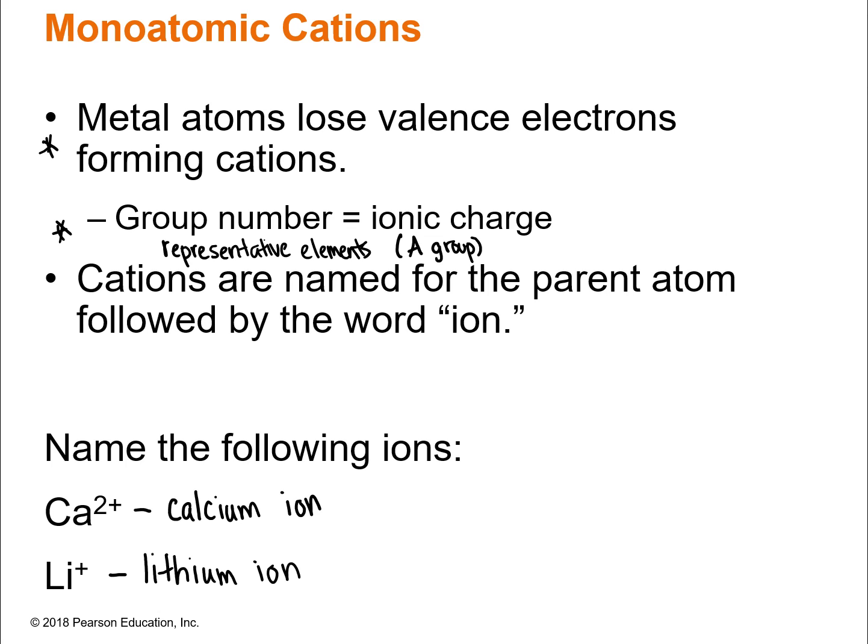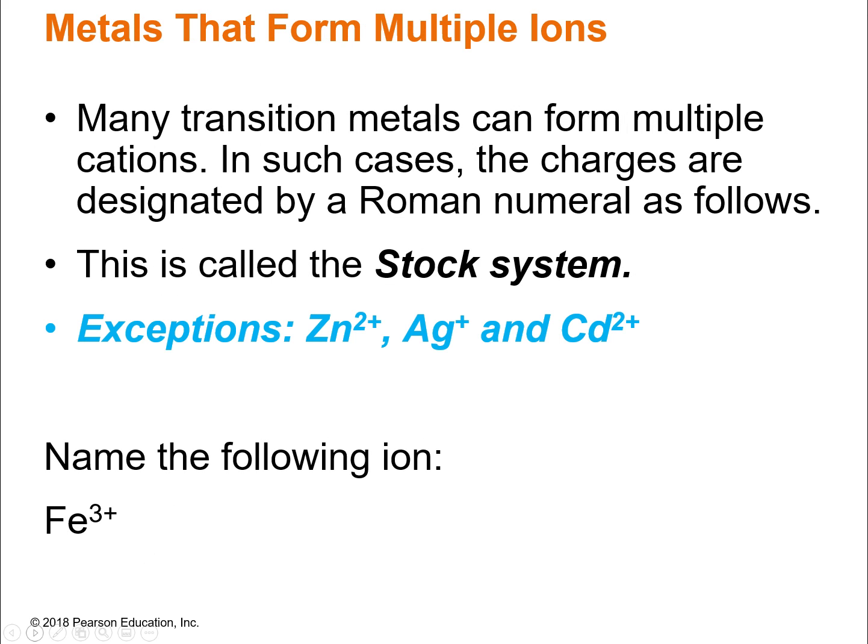Pretty simple. But we've got more than just representative elements that are metals. We have transition metals that are in the D block, and those metals can form multiple cations. So we're not talking about just one charge here. We have to tell our reader what charge this ion has when we're writing down a name, and for that, we're going to use the stock system.